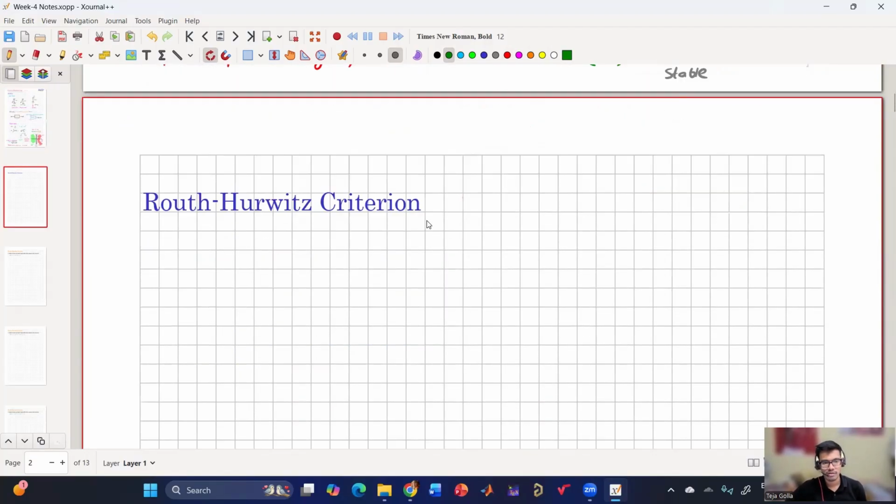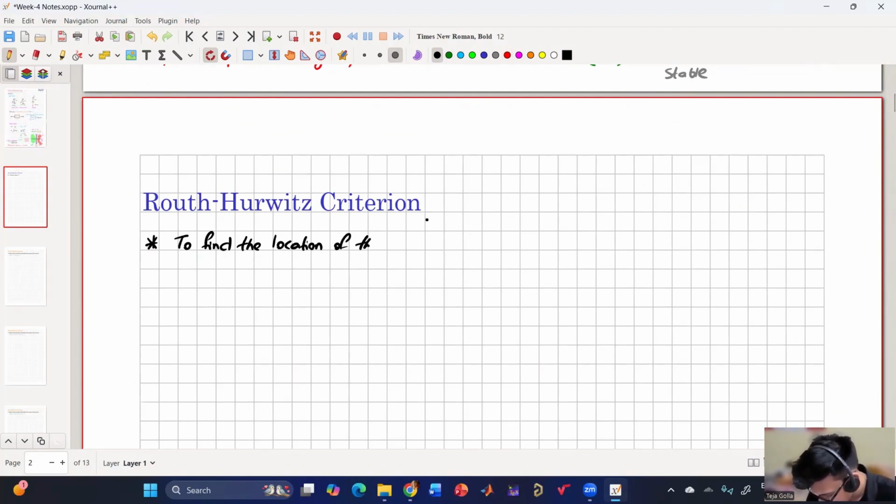So now Routh Hurwitz criterion is the criterion using which we can identify the pole location, whether they are in the LHP or whether they are in the RHP. So the criterion objective is to find the location of the poles of the higher order polynomial.